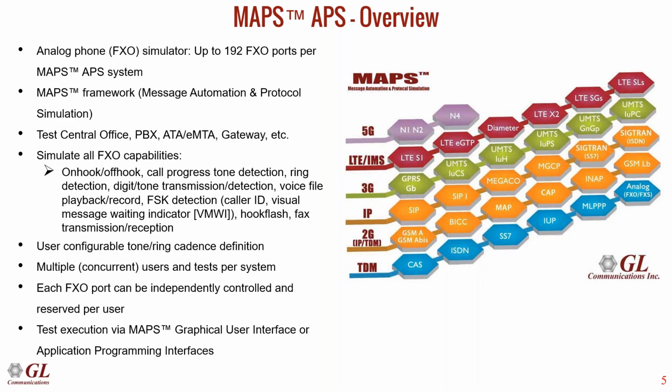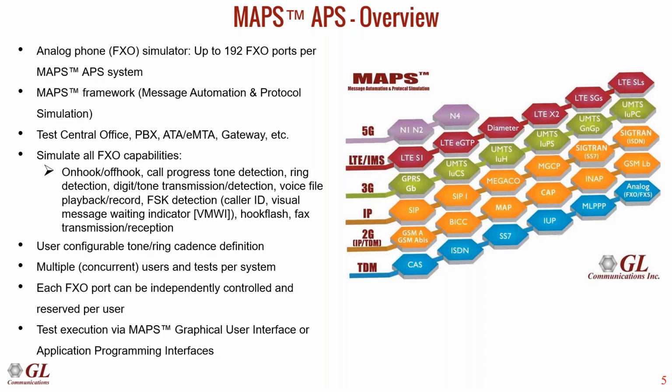So that all comes together, that you can set up one user to use a single port or a bank of ports, whereas another user is using a different bank of ports and so forth. So when we say multiple users, they can actually be running their own tests, their own set of tests, without disrupting the other user. So one MAPS APS can support many users running a variety of different types of tests.